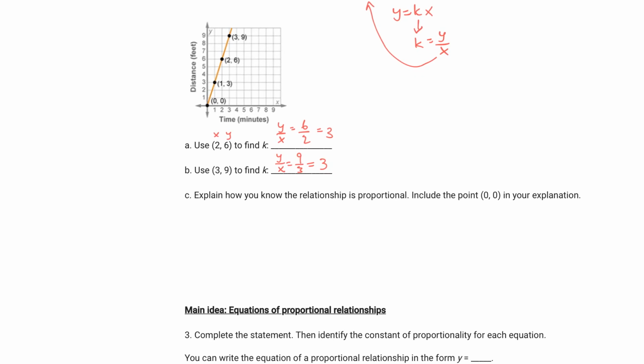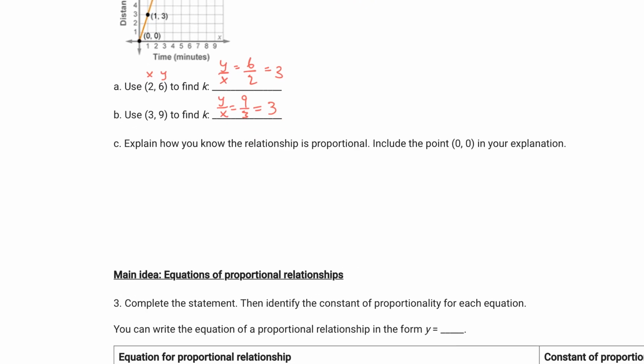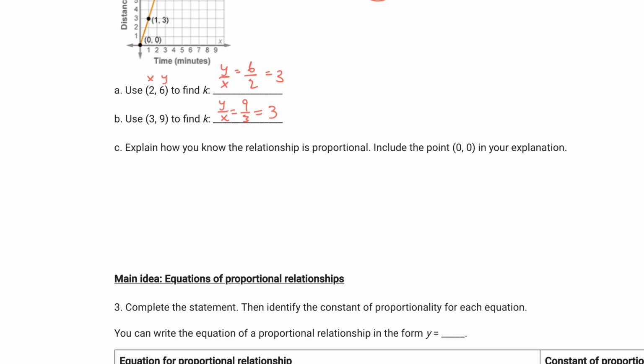So we can say, the constant of proportionality, which is k, is 3 at every point.